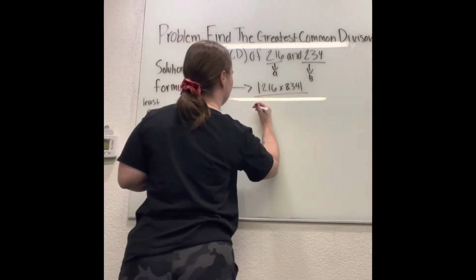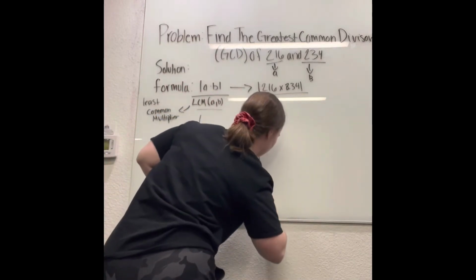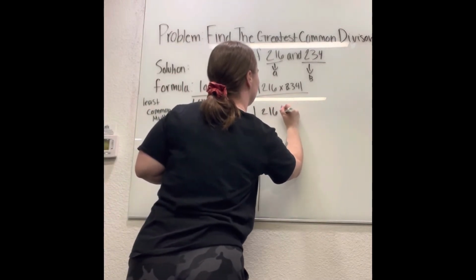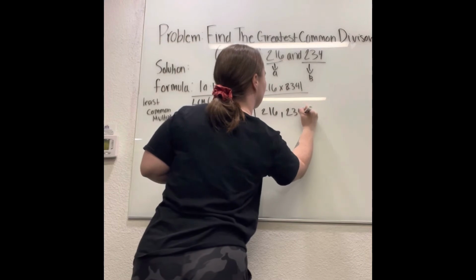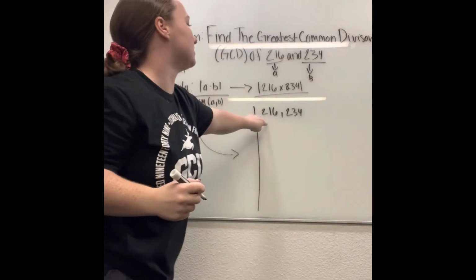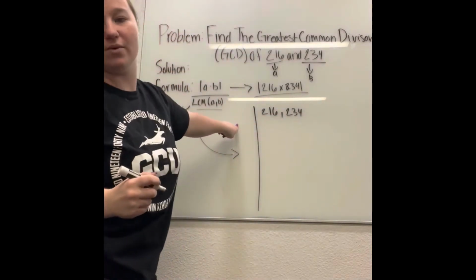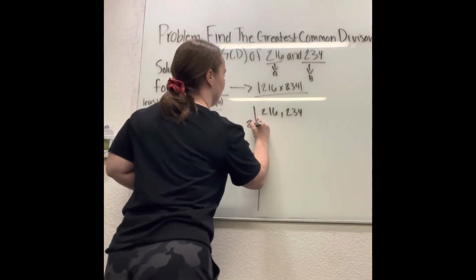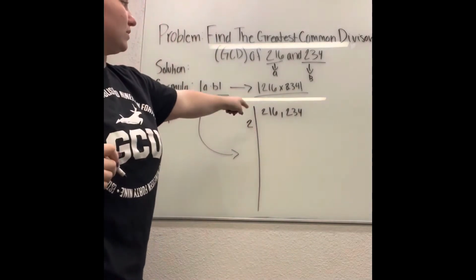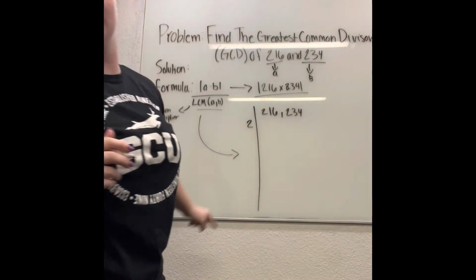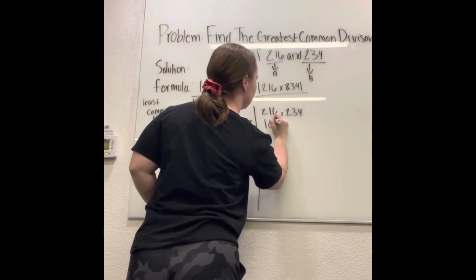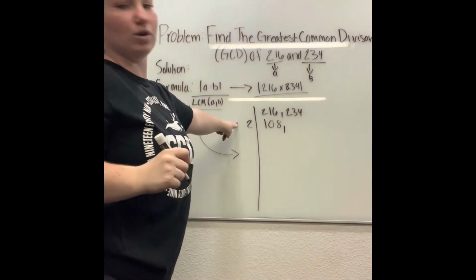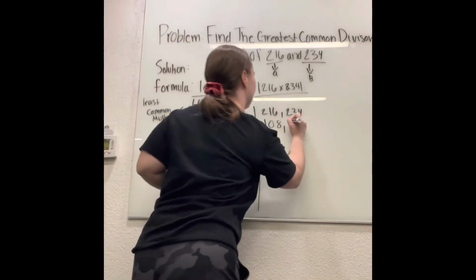So what we want to do first is make a line all the way down and then put 216 here and 234. What number can we put in 216 and 234 that both comes out with an even number? And that is 2. 216 divided by 2 is 108, and 234 divided by 2 is 117.